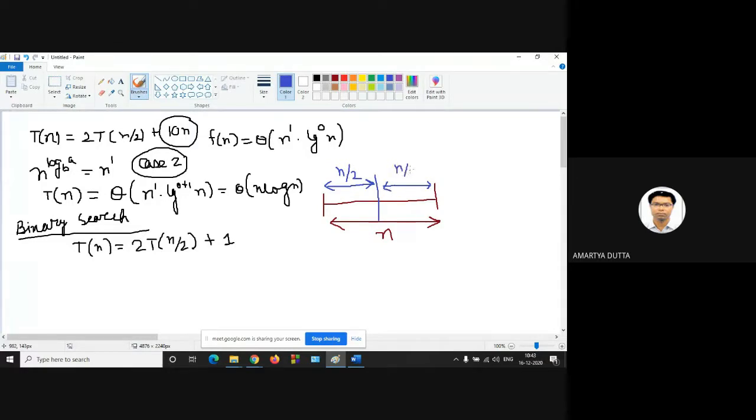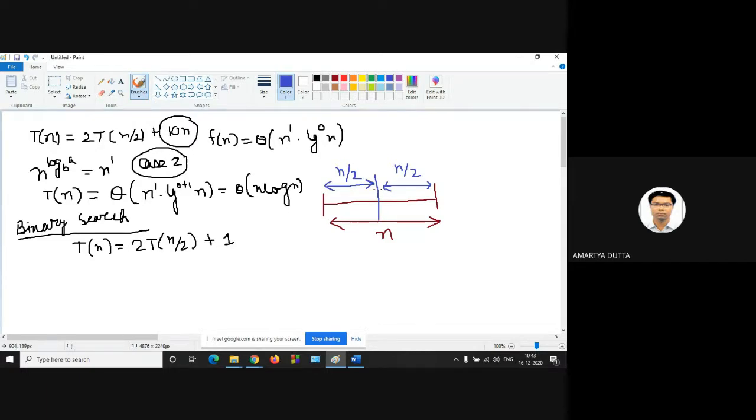So here, the number of subproblems. Actually it's not always n by 2. After the first search, if we don't find the element, then we again divide it recursively. So this is the recursive definition.